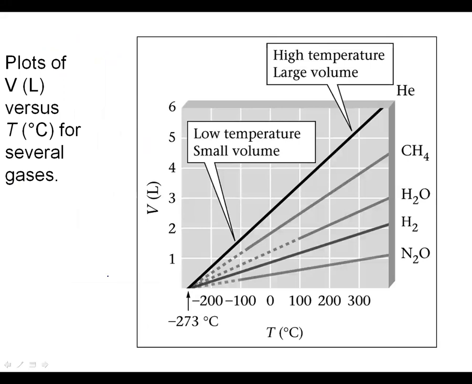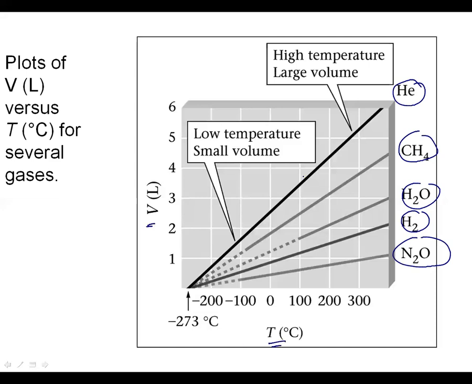But one relationship that they saw with Charles' law was this relationship here, that if we took a gas, no matter what gas we got, so we have helium, methane, water vapor, hydrogen, dinitrogen monoxide, you took all those gases and plotted volume versus temperature.